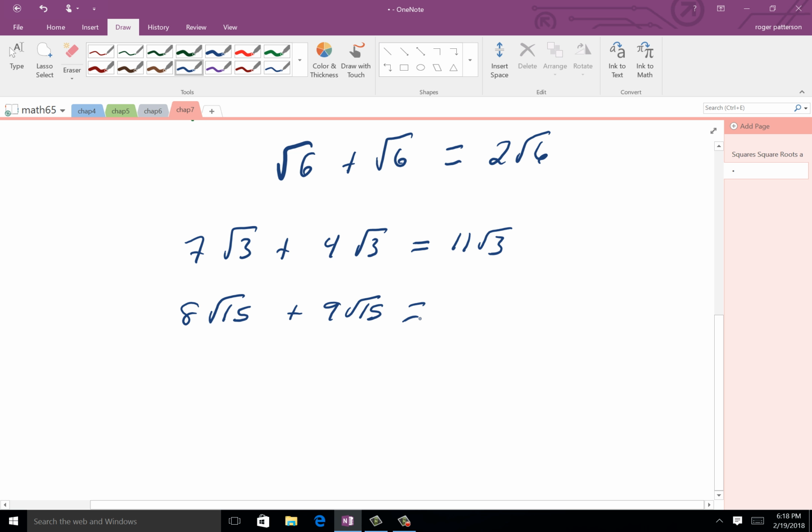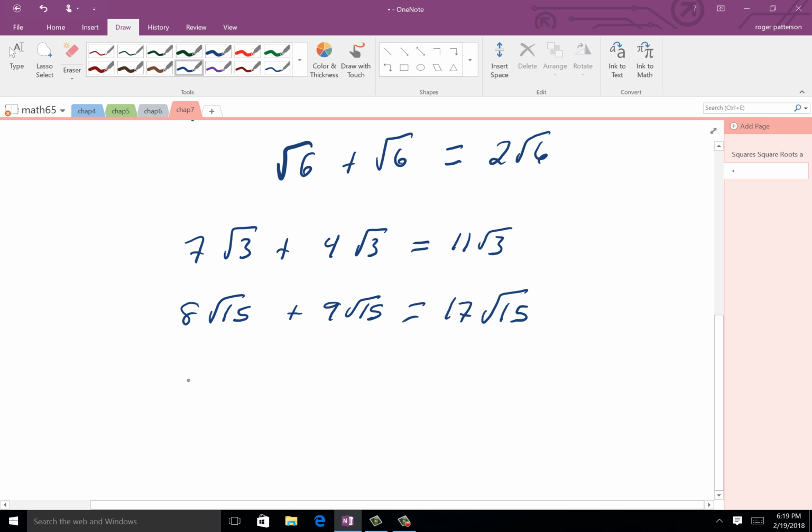So 8 square roots of 15 plus 9 square roots of 15, what's that going to give us? 17 square roots of 15. Again, slow it down if you need to. These numbers got to be common. We can't add them or subtract them unless they're the same thing.